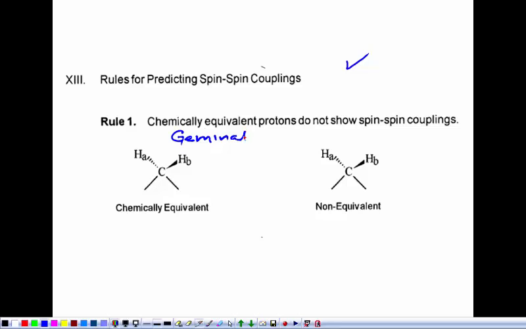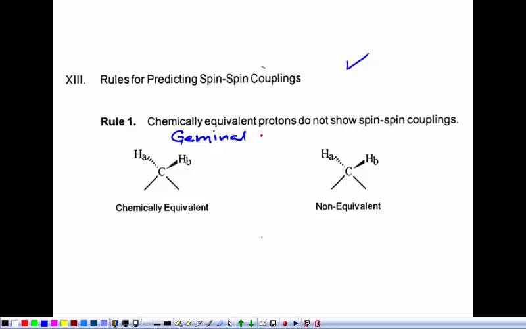In terms of our spin-spin couplings, these slides are a review of the previous slides. In particular, there's what's called a geminal system. In lecture, I've talked about geminal dibromides, where you have 2 bromines attached to the same carbon.